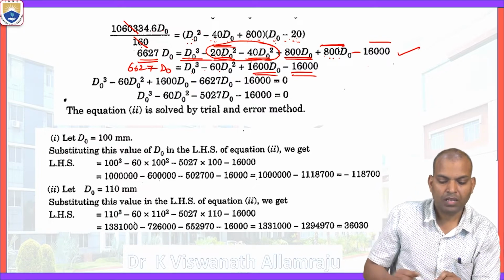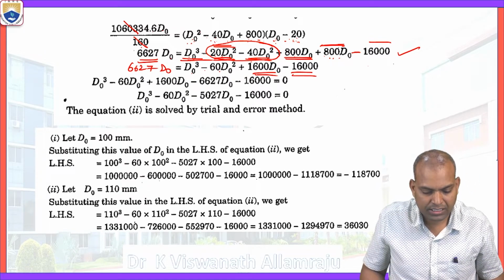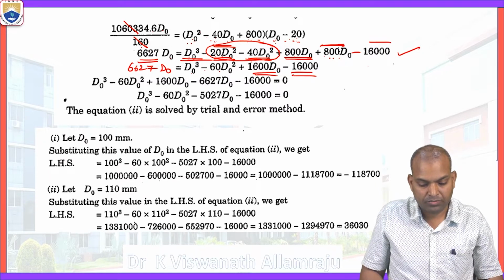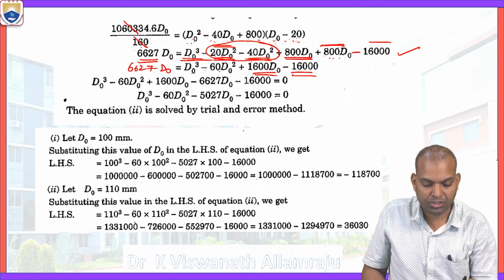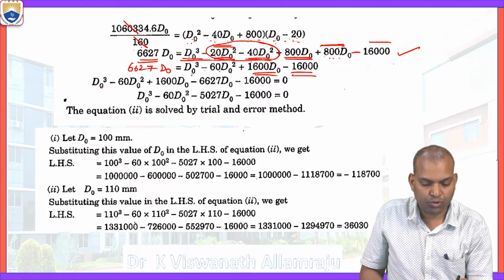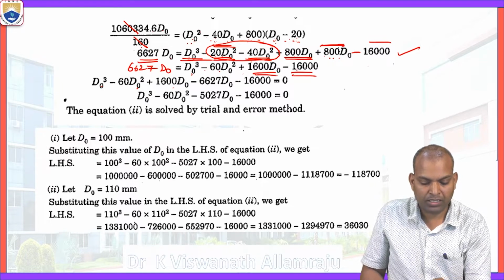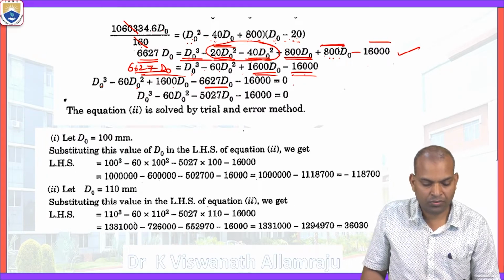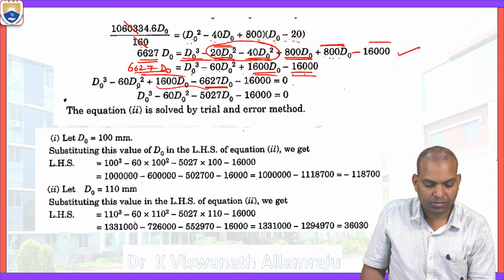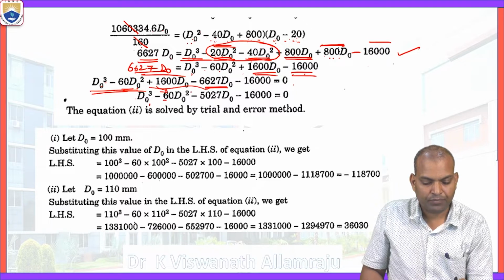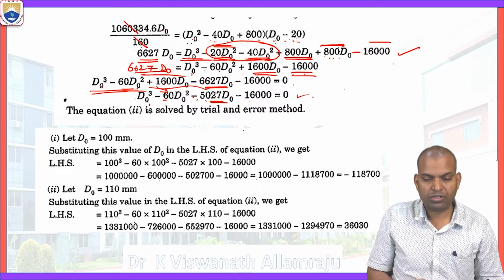Okay, now take the left hand term to the right hand side and get subtraction from 1600, subtract this 6627. That is do cube minus 60 do square plus 1600 do minus 6627 do minus 16,000 equal to 0. From these two terms, then what will happen? Do cube minus 60 do square, then it is negative of 5027 do minus 16,000.